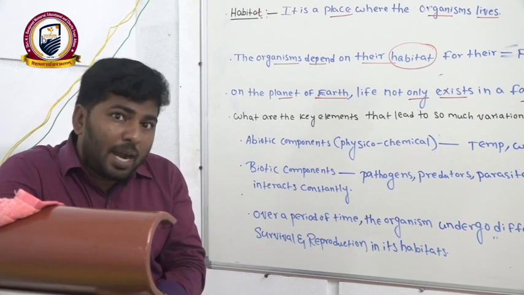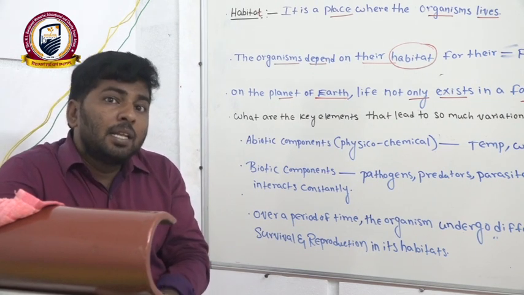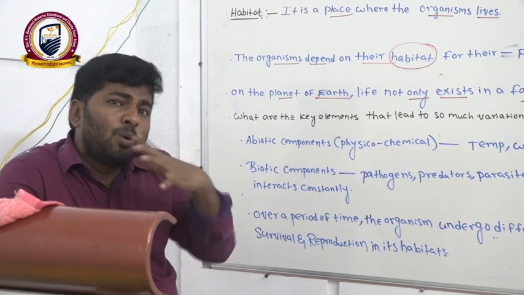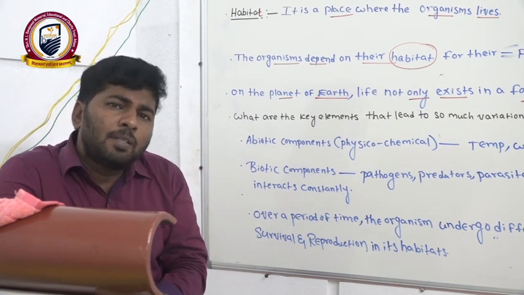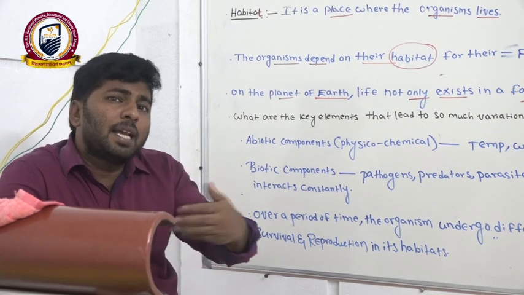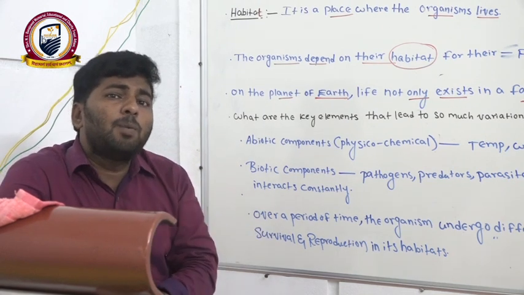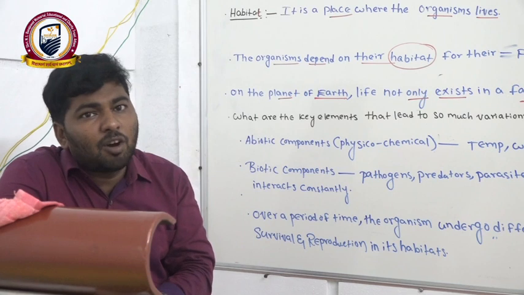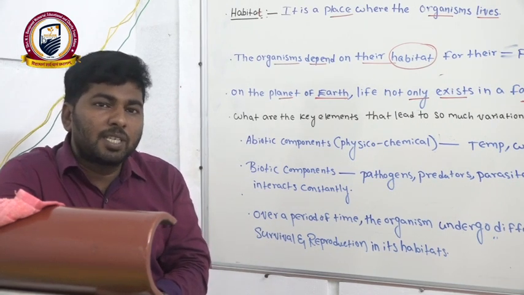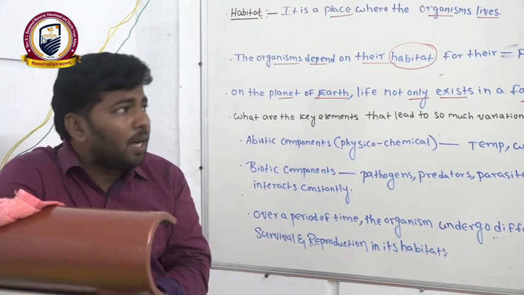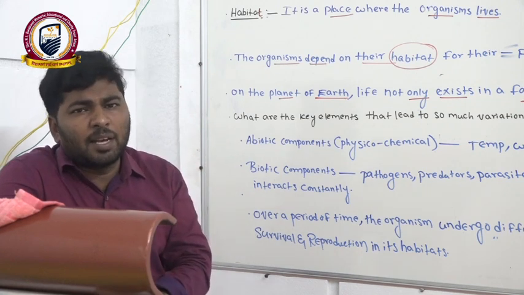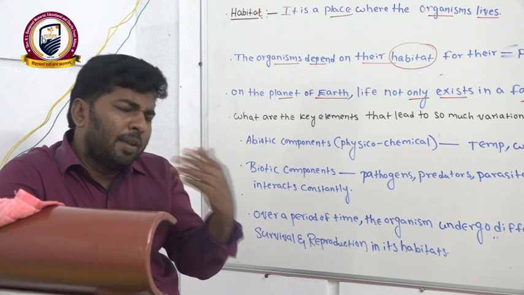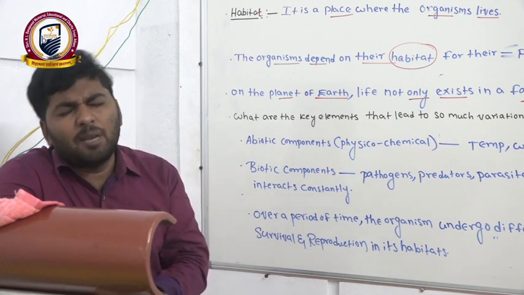Where there is a good habitat, obviously more species live there. Then when the number of species increases in a compatible habitat, obviously competition starts. That's why some lower organisms live even in harsh and extreme conditions.